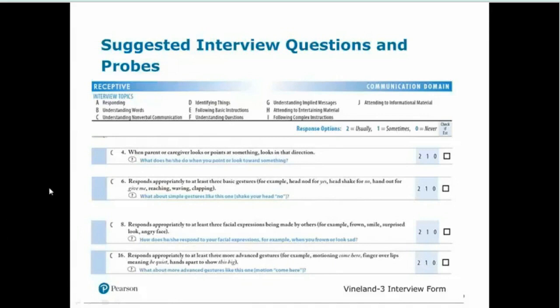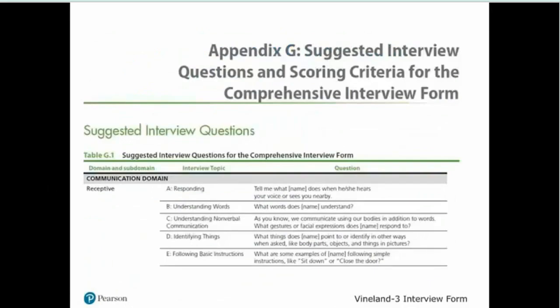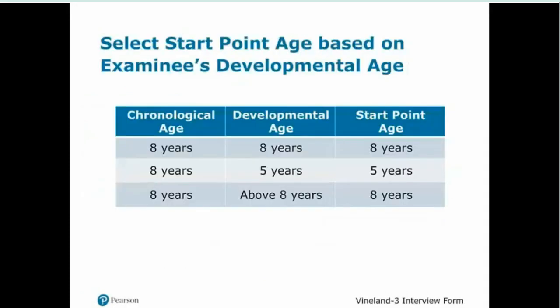There's also an appendix in the Vineland manual which gives you suggested interview questions and additional scoring criteria for the interview forms. Remember that when you are doing the interview and you're selecting a start point, these are not based on chronological age. They are always based on developmental age. This is different than doing an IQ test, for example, where chronological age is often used as a start point.